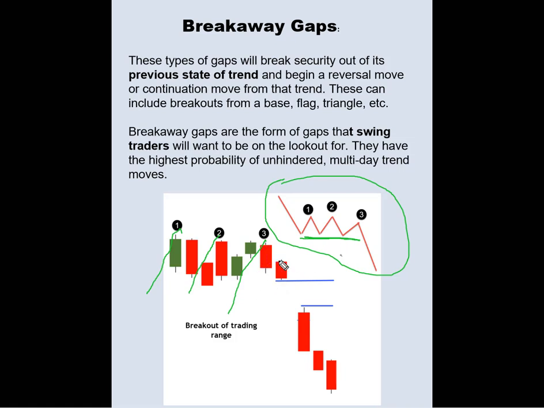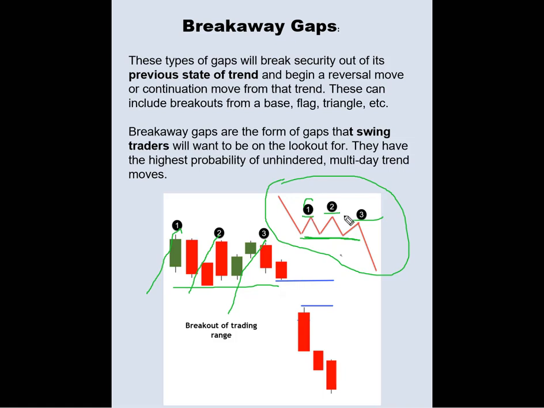So this is the structure which you should be looking for. This decreases the risk of a breakout failure, right? If there is just one high or one low, then the risk of a breakout failure increases several folds. So preferably you want to see 2 or more, ideally 3 highs or lows in that range before a breakaway gap occurs.